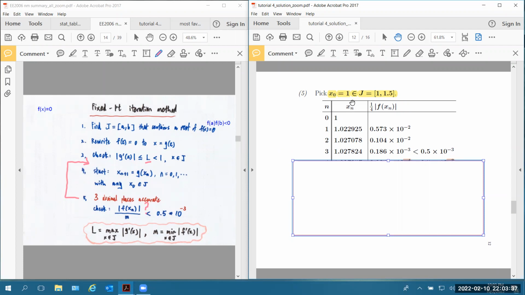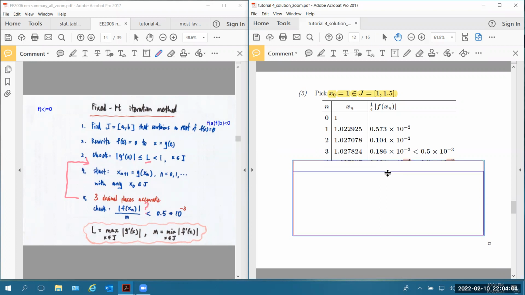Because when you calculate your xn, inside there is also error, all kinds of error, round-off error. And then when you calculate your f xn, there is also error, right? So even your 0.186 times 10 to the power minus 3 here is also not accurate. So is it really less than 0.5 or is it very close to 0.5? So you feel that maybe it's not so safe.